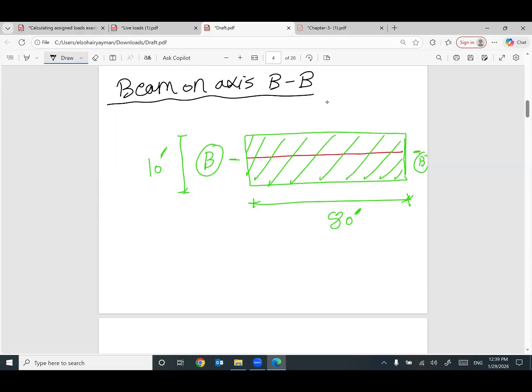So what is the total dead load on this beam?